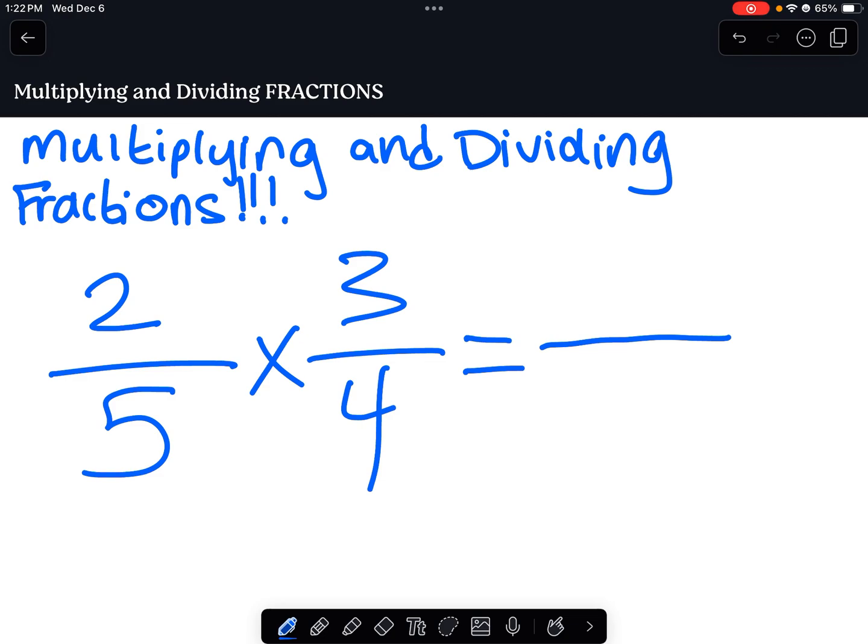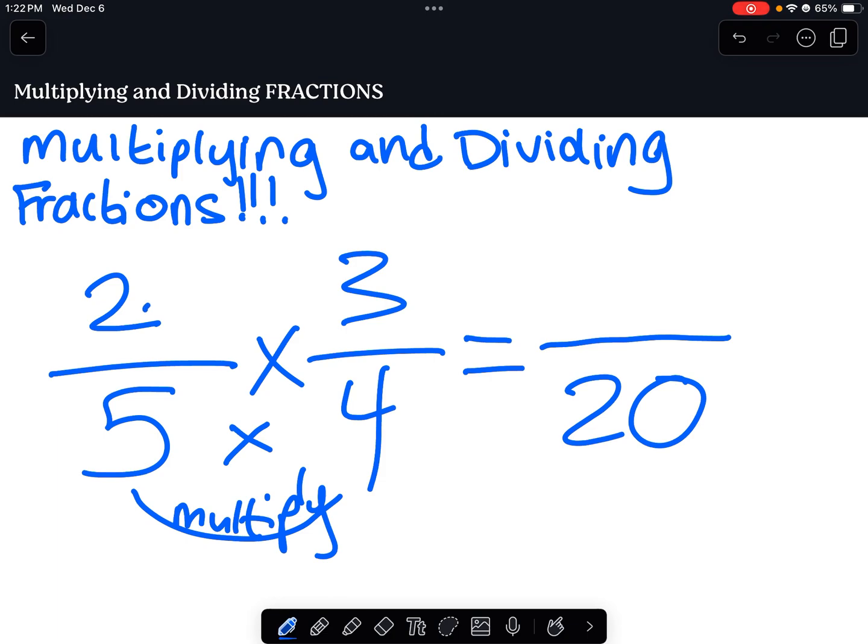This is all you're going to do. You are just going to multiply straight across the numerator and denominator. You're going to multiply the denominator here. It's 5 times 4. That equals 20. And guess what? You just do the same thing to the top. You're going to multiply the numerators here. 2 times 3. That is 6.